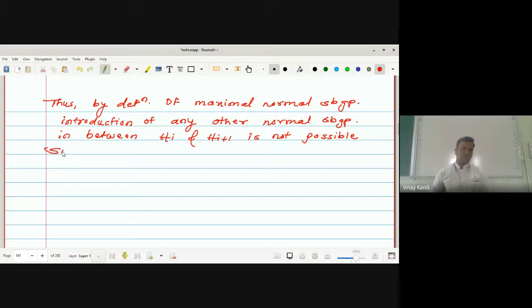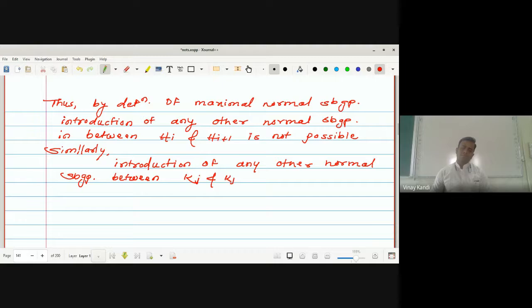Similarly, the introduction of any other normal subgroup between Kj and Kj plus 1 is not possible.